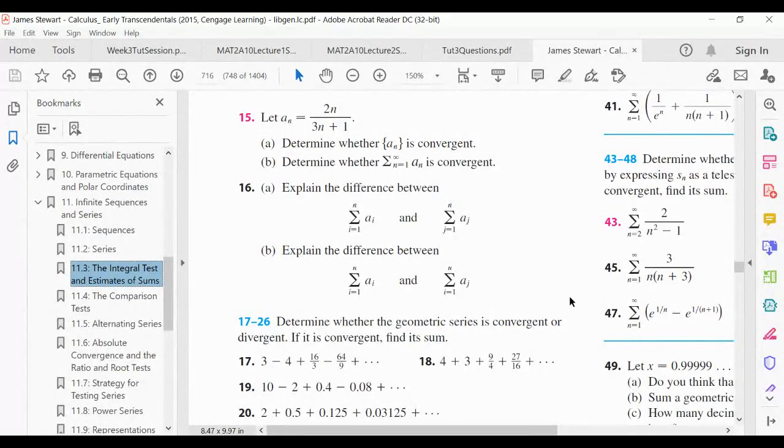So in 16b, the second expression is simply aj plus aj plus aj, n times. So every time we increase the index i, we have to write down another copy of aj. And so in the end, the sum from 1 to n of aj is simply equal to n times aj. And that's the difference between the two.